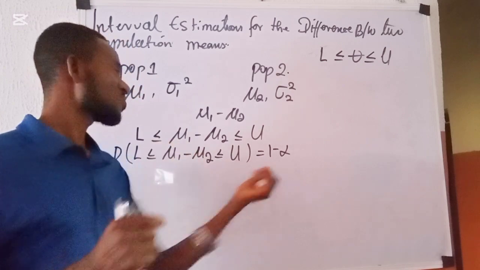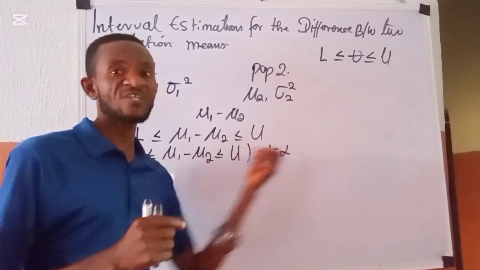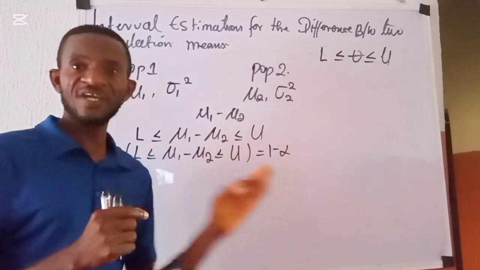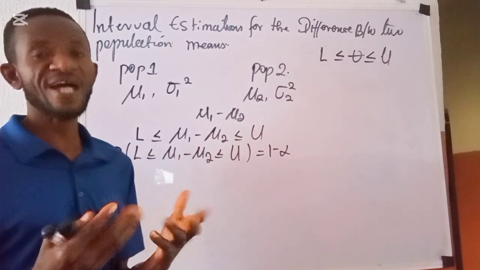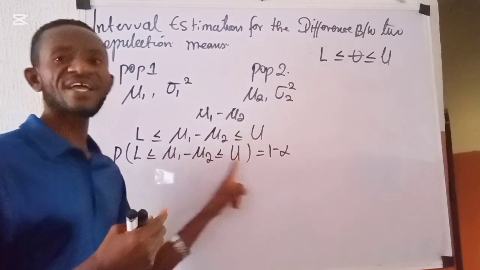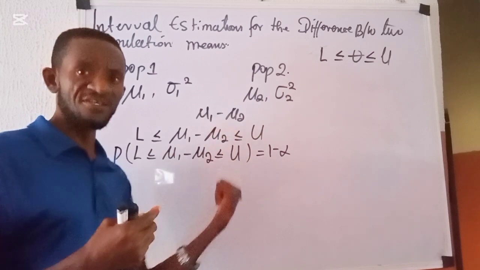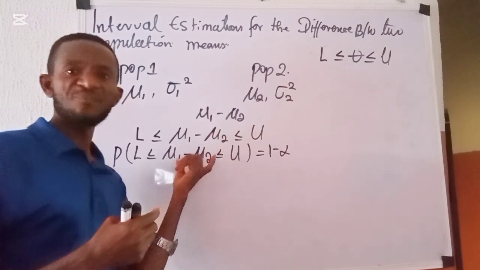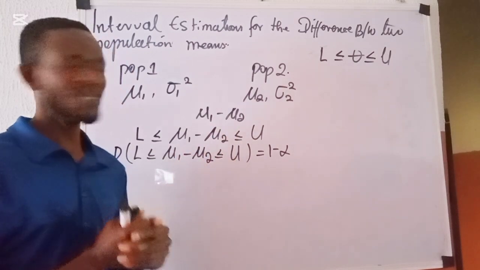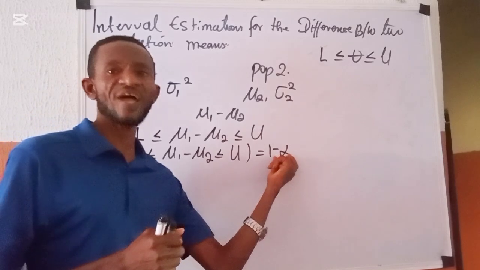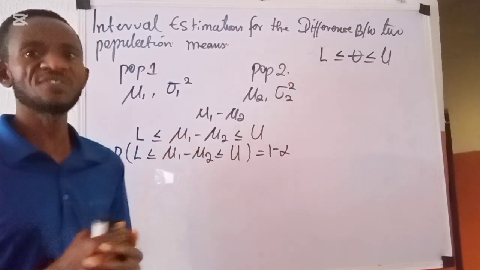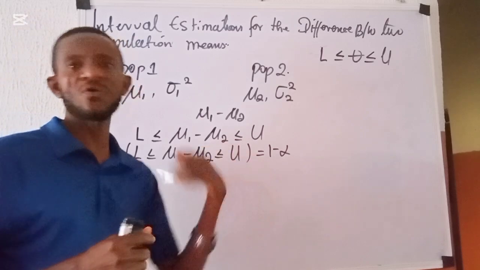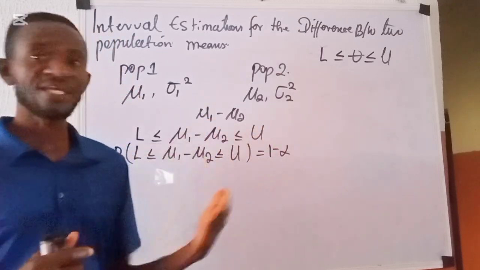Where, of course, we earlier had said that this alpha is what we call the level of significance, which is the probability that our confidence interval L and U fails to contain the population parameter of interest. And that is the reason why this value is always limited as a very small quantity, 0.01 or 0.05 as the case might be.